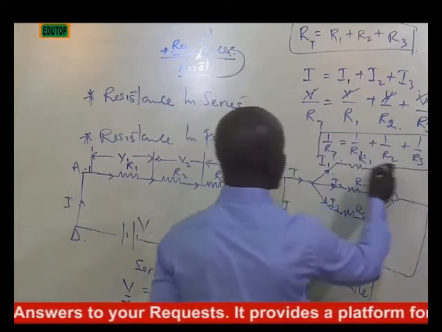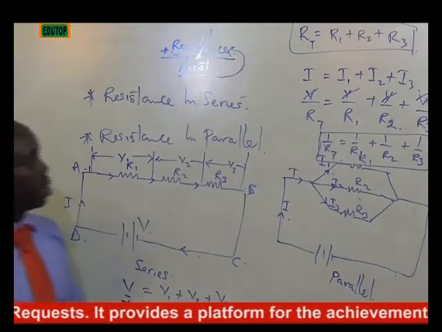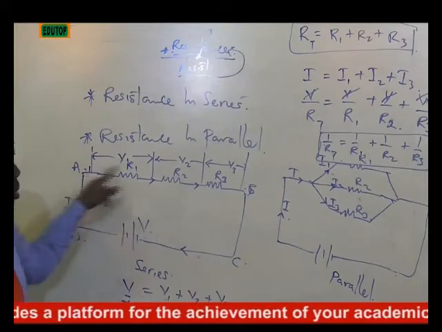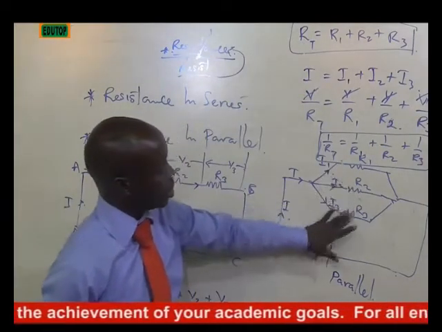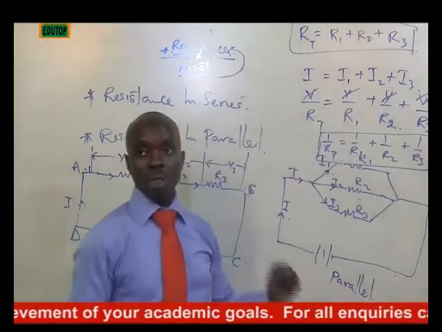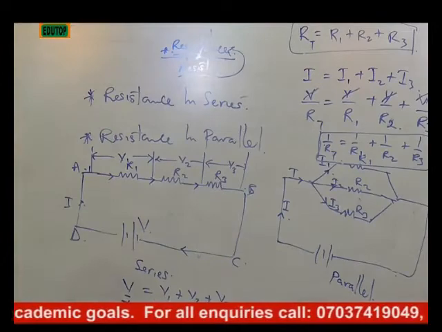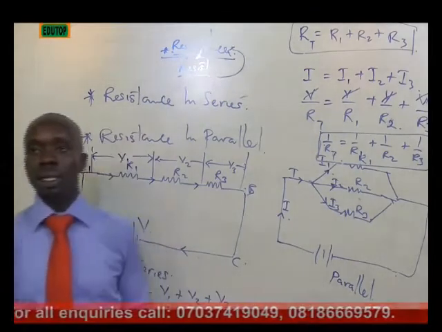This is the total resistance in a circuit with parallel resistance. For a circuit with series resistance, this is the total resistance. But for a circuit in parallel, this is the total resistance. So from here now, we will be able to do some mathematical calculations for us to actually understand what is meant by resistance in series and parallel.